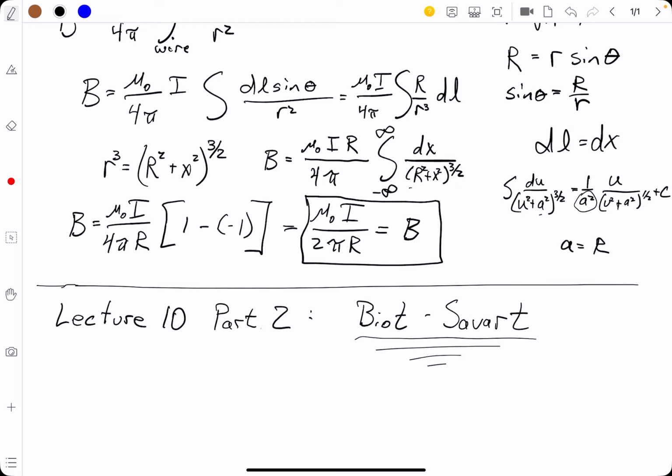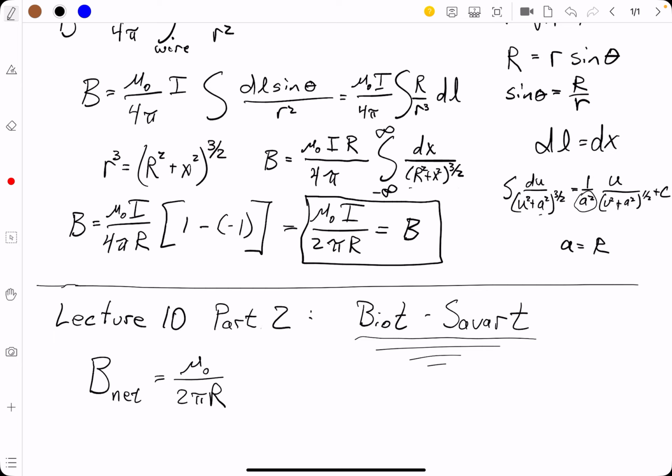Okay, so getting back to our wire situation, we've got that our B field, and we can say the net B field. I'm going to say the net just because you'll see in a second why. We've got mu naught over 2 pi r.